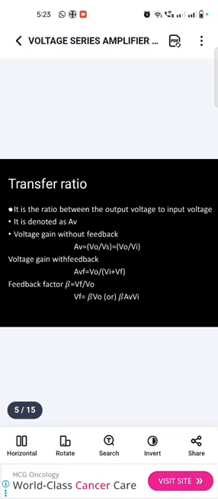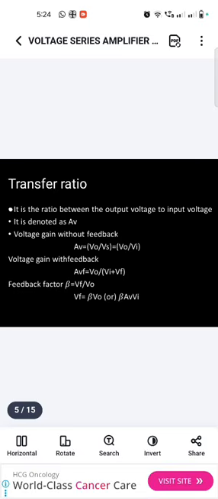Okay, so first we understand the voltage gain without feedback. So Av voltage gain is equal to output voltage by input voltage. Okay, if we do not use feedback, the source will be equal to input voltage. That's why V0 by Vs is equal to V0 by Vi, because the source and the input both will be the same one if we do not use feedback.